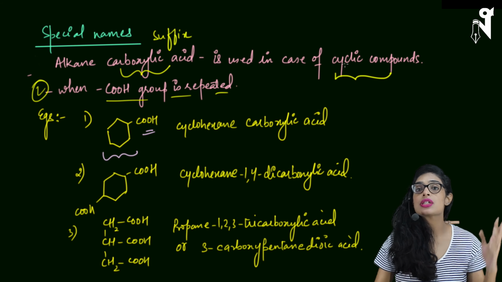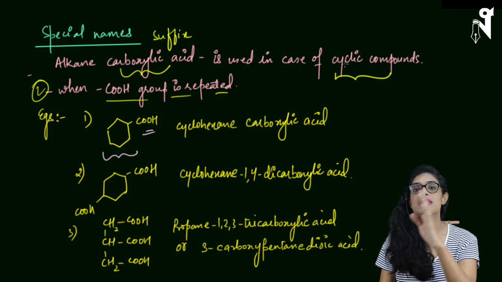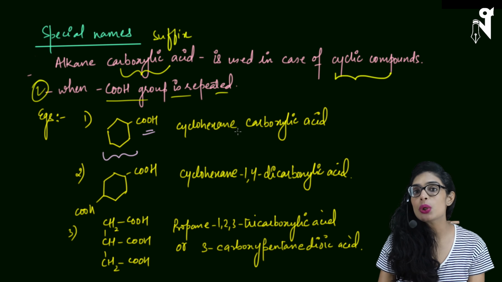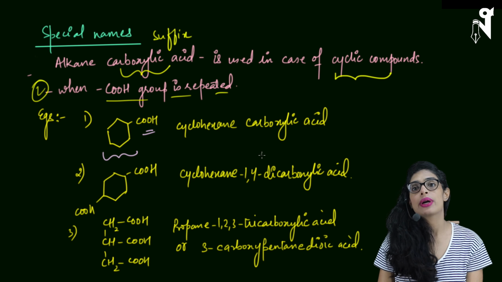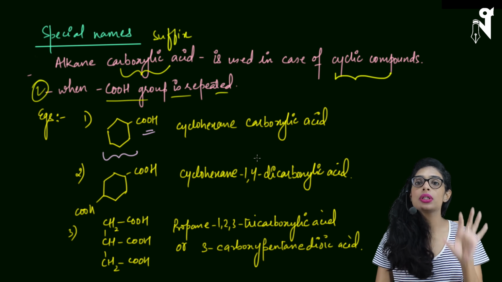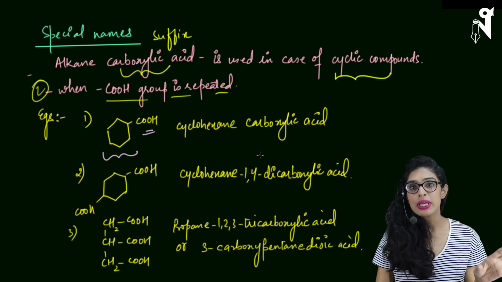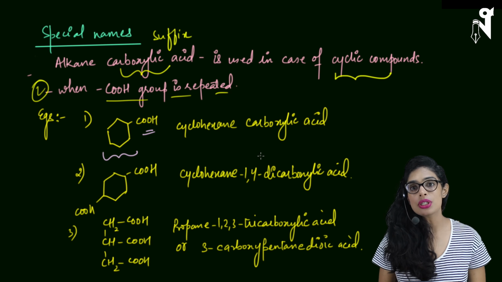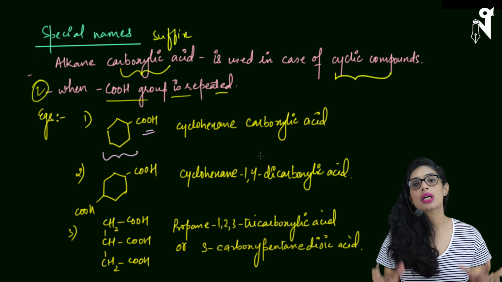In the previous case we used to count the carbons in the chain plus the carbon of COOH. Here we are not including the carbon of COOH while counting the total number of carbons. We are just going to count the carbons of the cyclic chain.